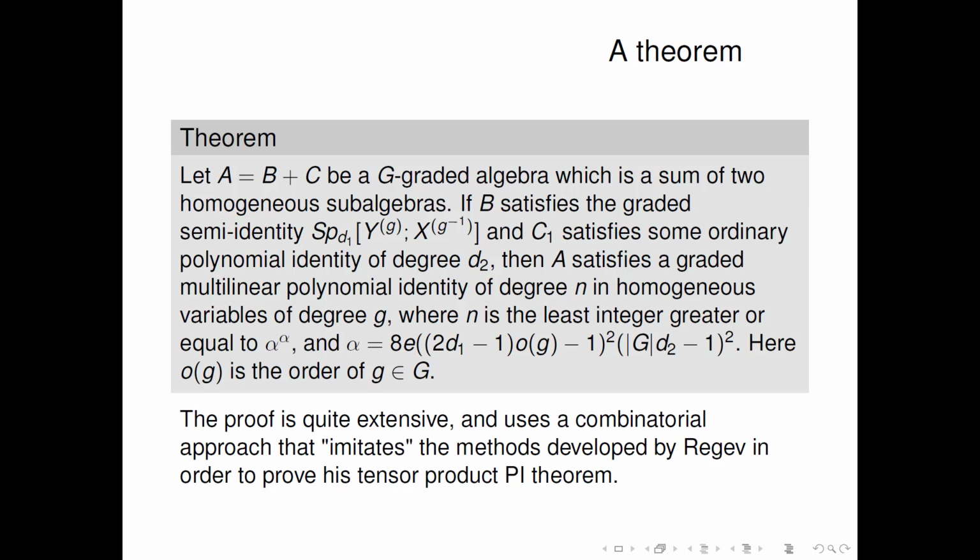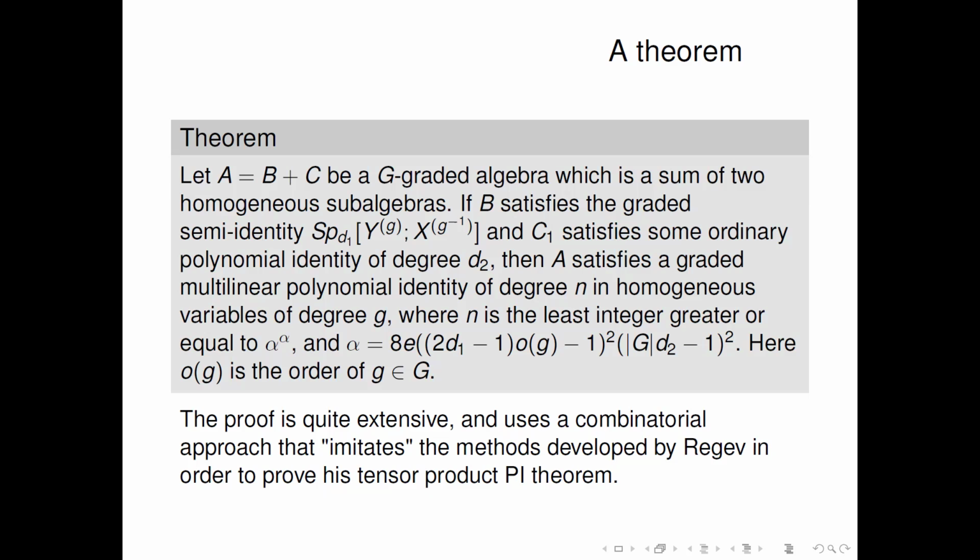That is, all of them correspond to degree G minus 1, here it is Z. And suppose that C1, the neutral component of C, satisfies some ordinary identity of degree D2. Then you can conclude that A satisfies a graded multilinear identity of degree N in homogeneous variables of degree G.